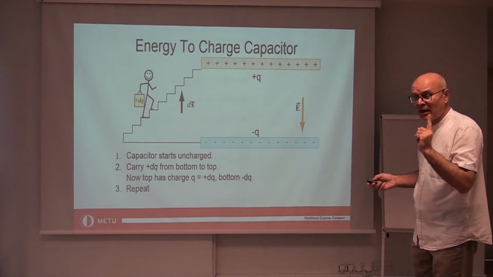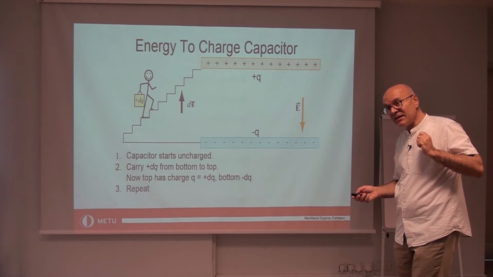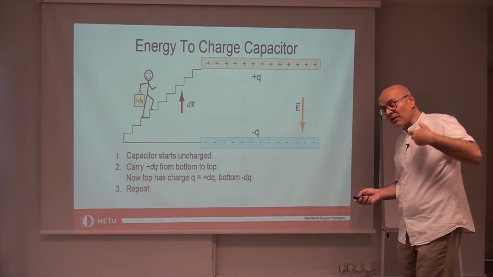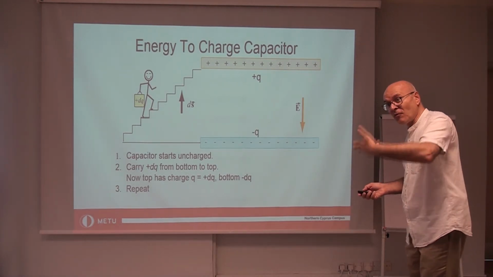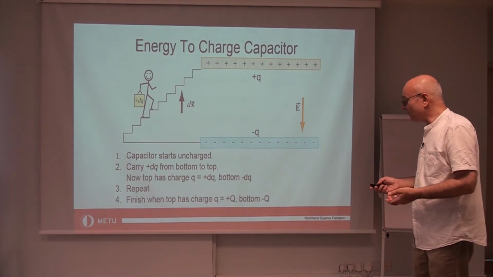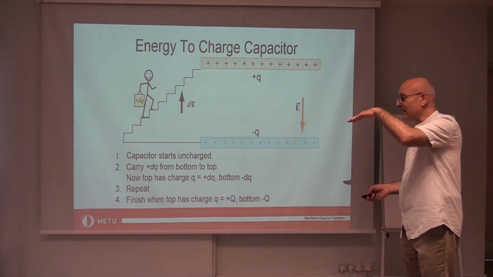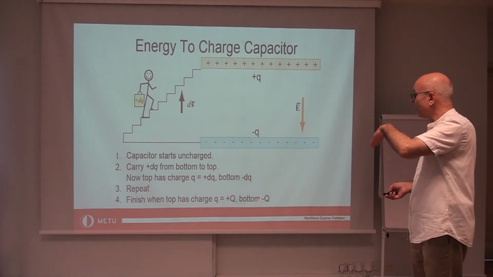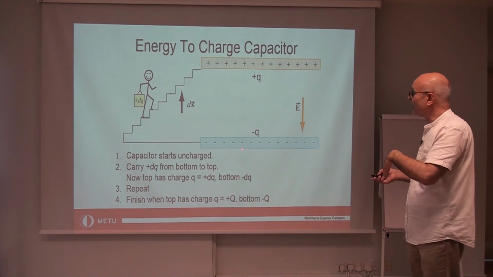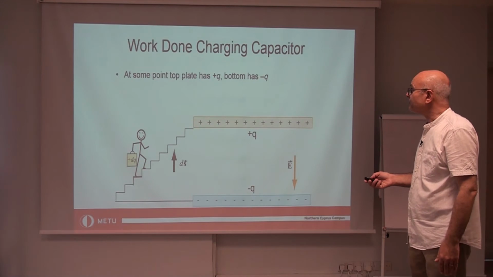This is something you have to keep in mind. So there is external energy being imported, in the form of work, to the system of charges. Now we continue doing this until we have a final charge plus Q, capital Q, on the upper plate and minus capital Q on the lower plate, and then this process stops.